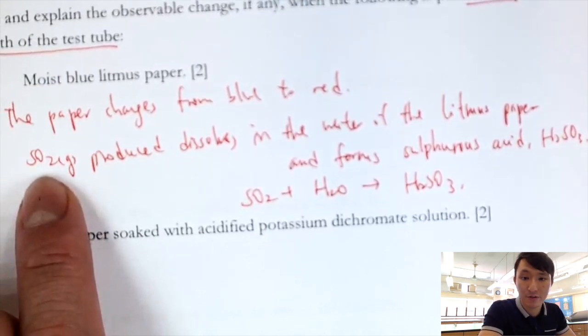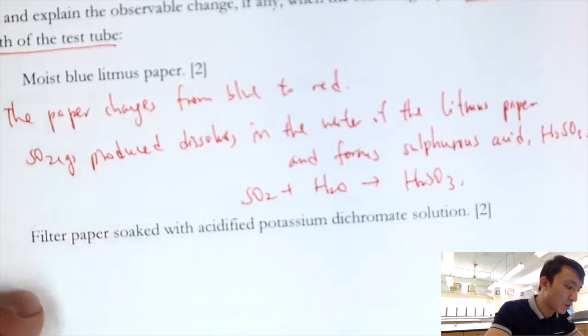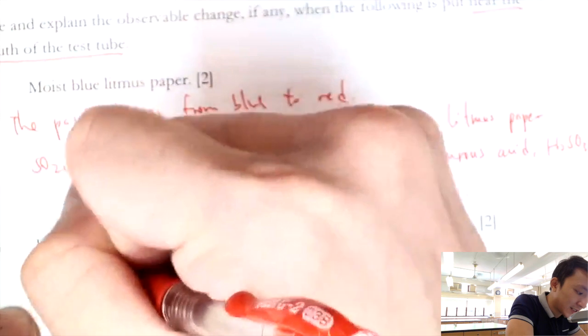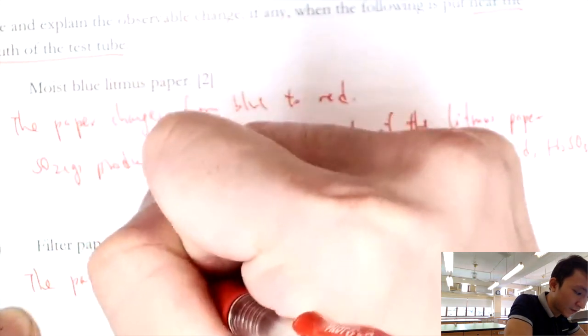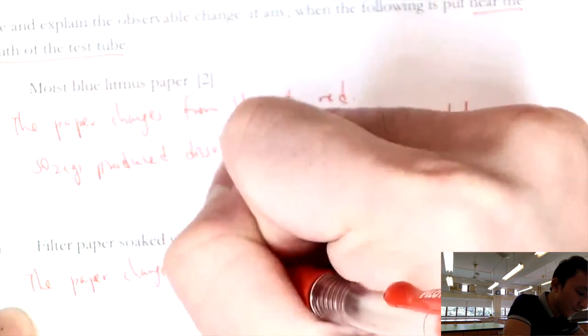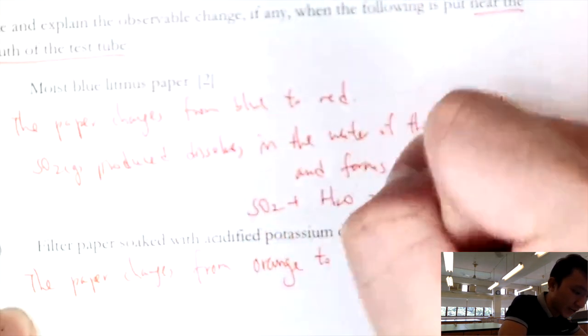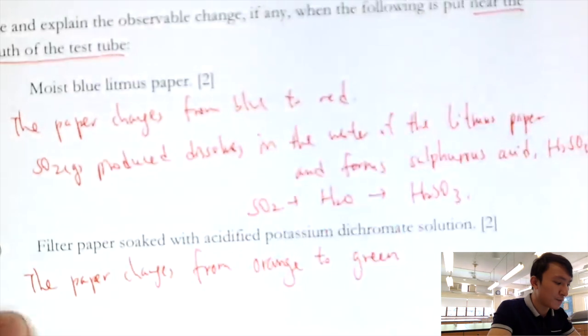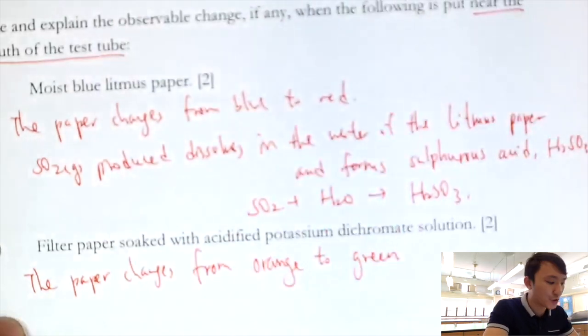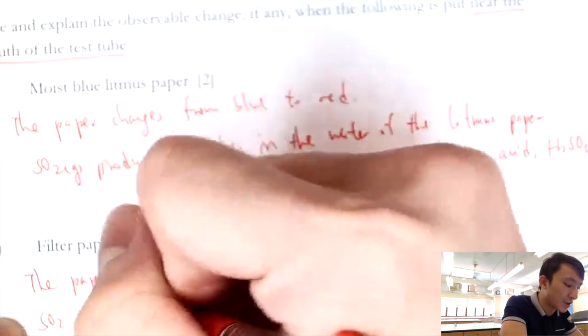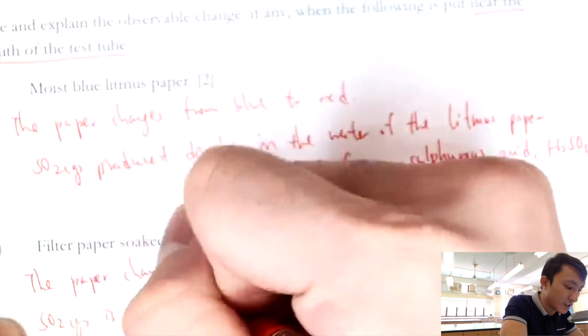Remember, SO2 is not only an acidic gas, but it's also a reducing agent. So we say that the paper changes from orange to green. So if you're trying to explain, first of all, you have to say that SO2 is a reducing agent.